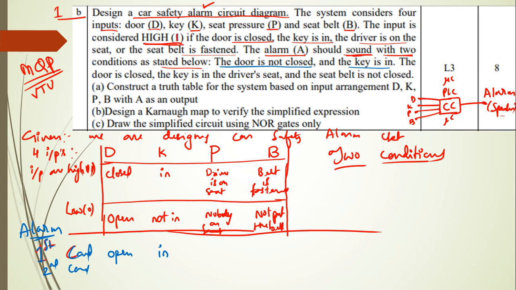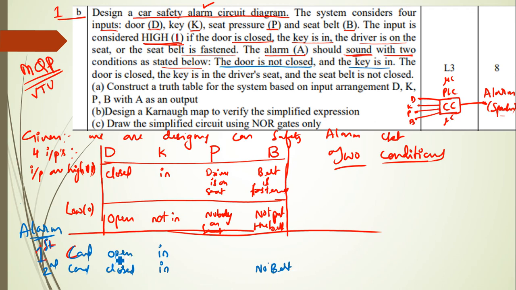See, the door is closed, and the key is in the driver's seat, and the seat belt is not closed. The seat belt is not closed in the sense you have not put your seat belt. No seat belt.